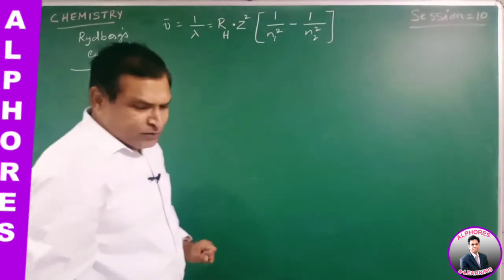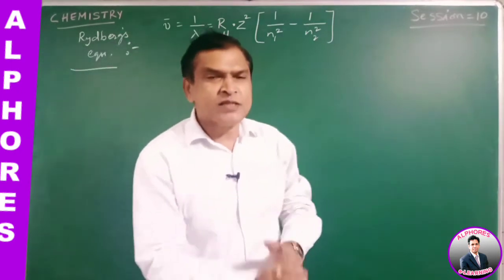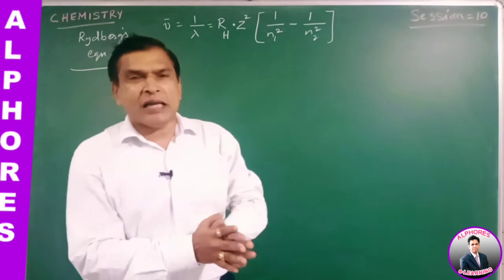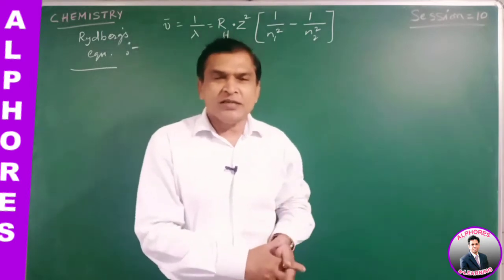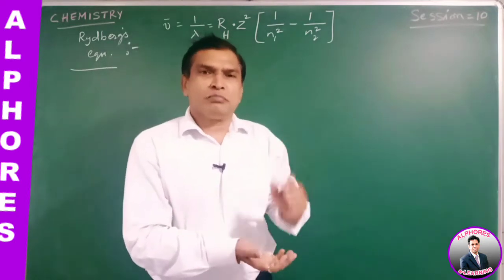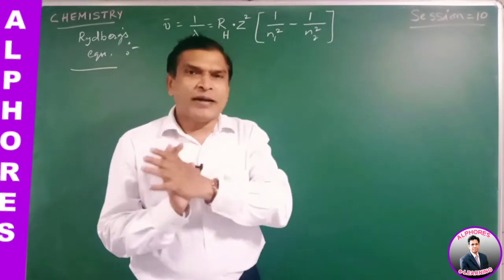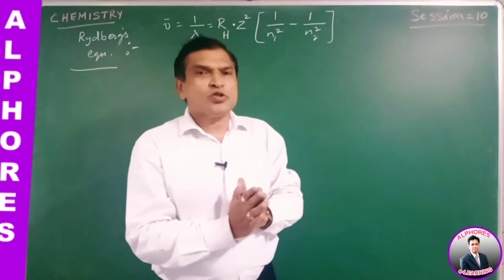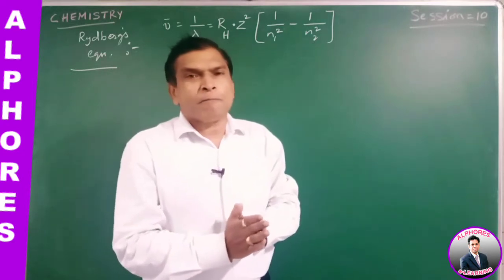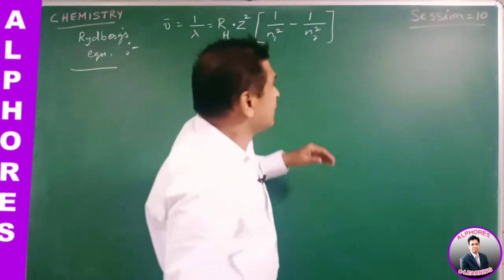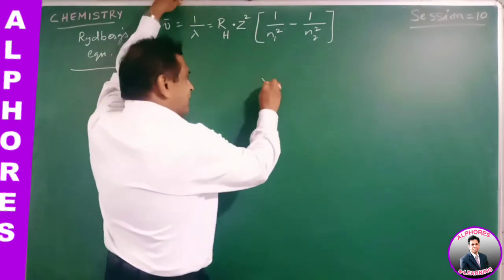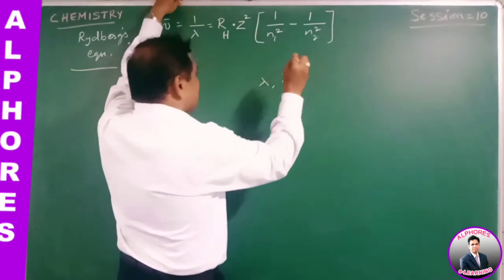In hydrogen spectra we have different series of spectral lines, like the Lyman series, Balmer series, Paschen series, Brackett series and Pfund series. Among all these five series, we can calculate wavelength and wave number.